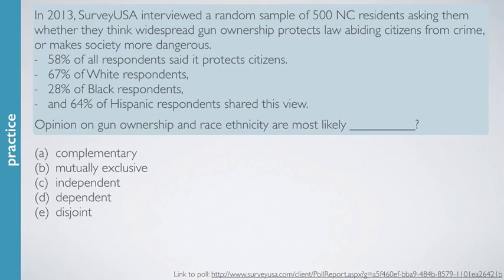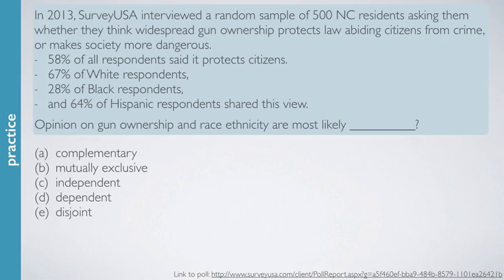In 2013, Survey USA interviewed a random sample of 500 North Carolina residents, asking them whether they think widespread gun ownership protects law-abiding citizens from crime or makes society more dangerous. 58% of all respondents said it protects citizens. 67% of white respondents, 28% of black respondents, and 64% of Hispanic respondents shared this view.